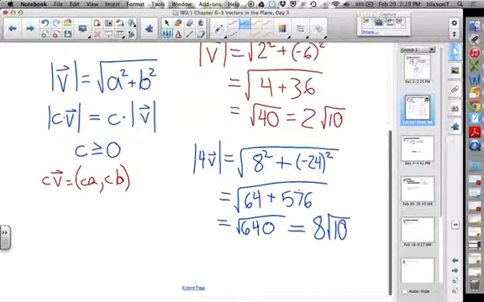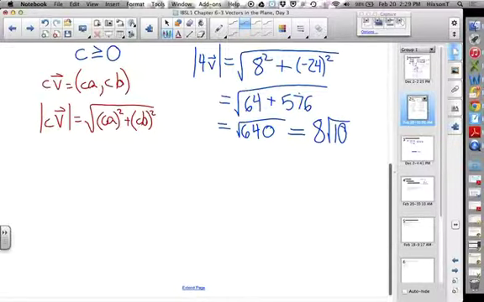If I'm finding the magnitude of that, I'm going to take the square root of ca squared plus cb squared, which equals c squared a squared plus c squared b squared.